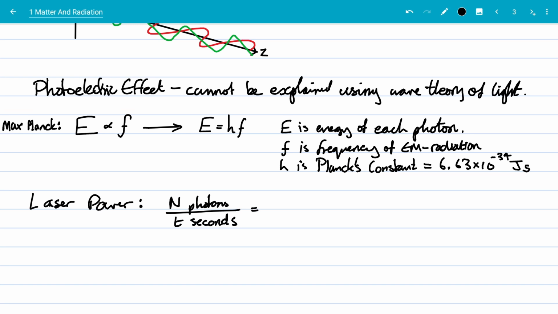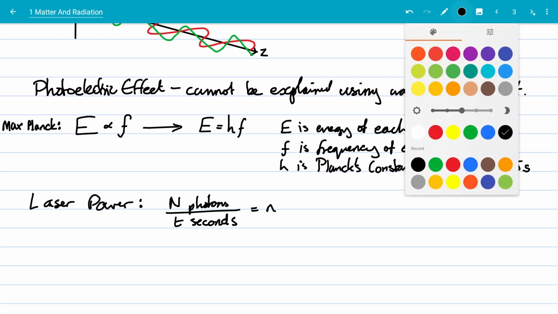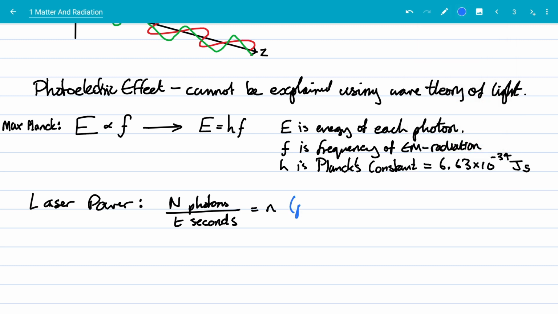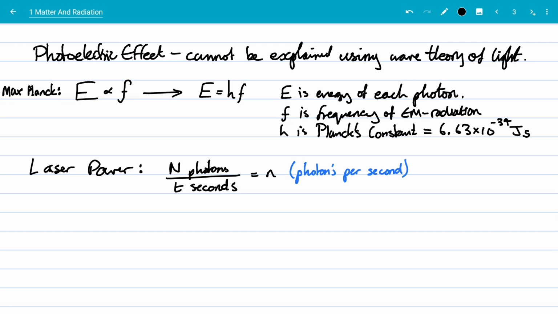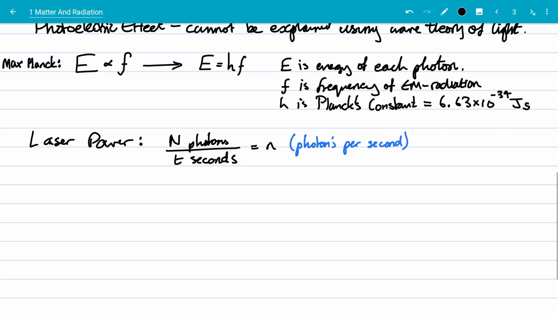And we can say that this is equal to n, the number of photons per second that are delivered by this laser. Remember, photons are just a packet of electromagnetic radiation, a packet of energy, where the frequency of the radiation determines the energy of each packet. I don't want to call it a particle of light because it's a bit of a naff way of describing it, really.